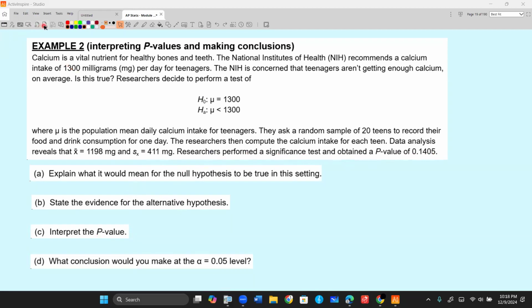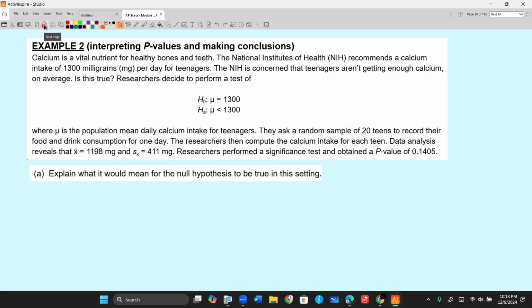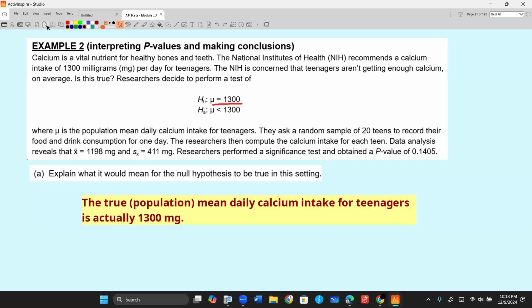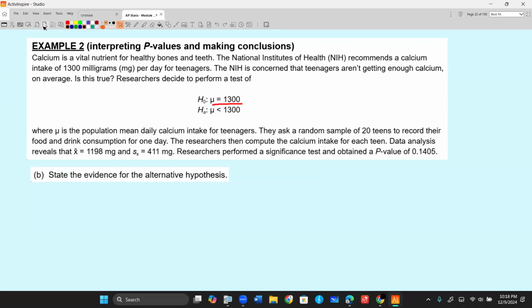Let's look at the first part. What would it mean for the null hypothesis to be true in this setting? Well, the null hypothesis is the mean is 1,300. So in this case here, that would say the true population mean daily calcium intake is actually 1,300 milligrams. That's what it means for the null hypothesis to be true. What's the evidence we have for the alternative hypothesis? Well, look at our sample.